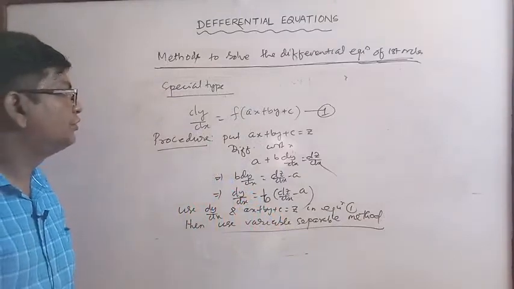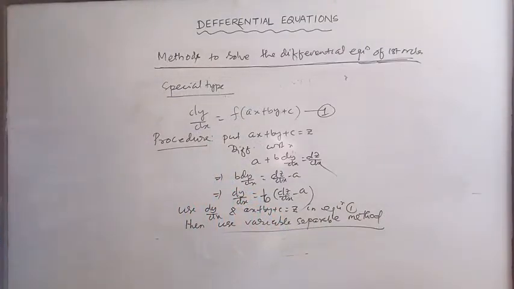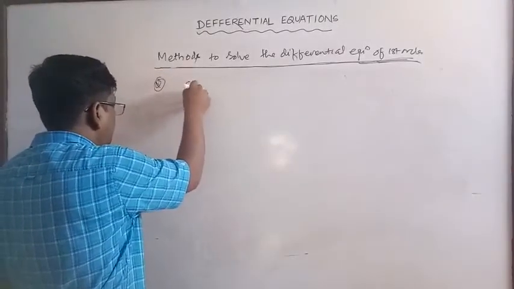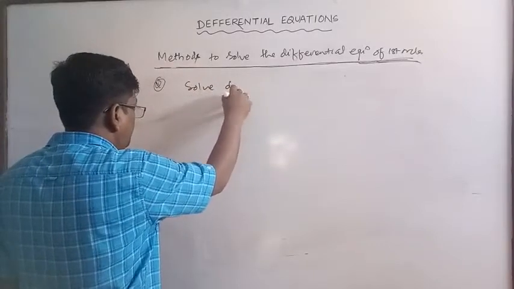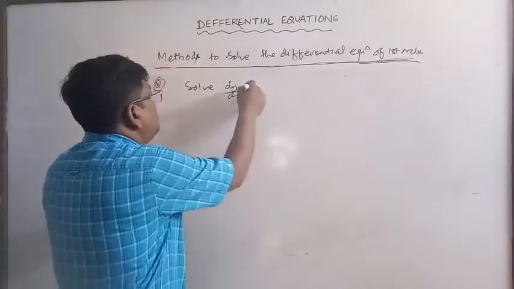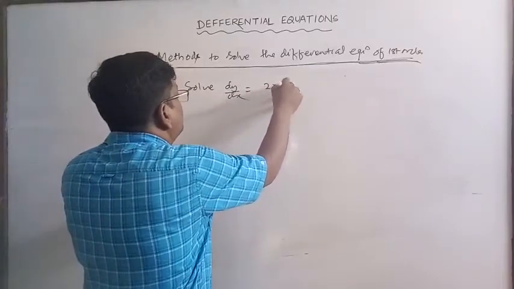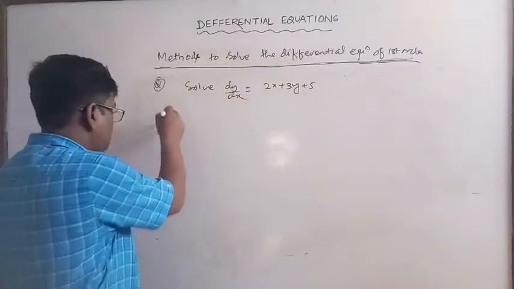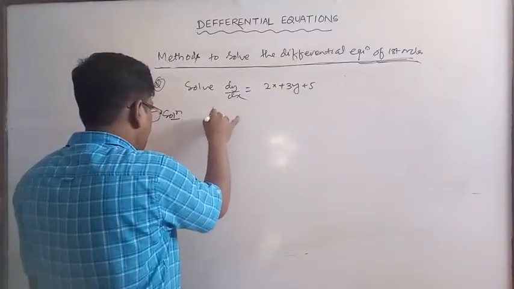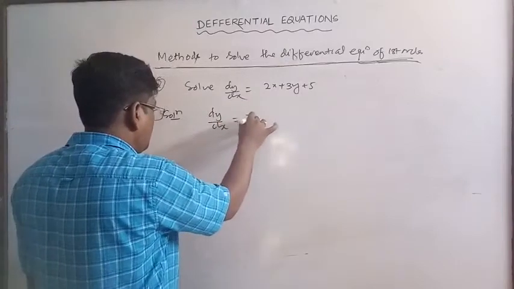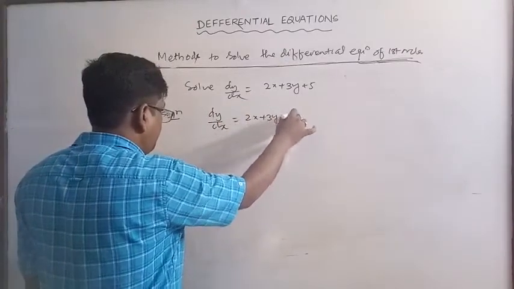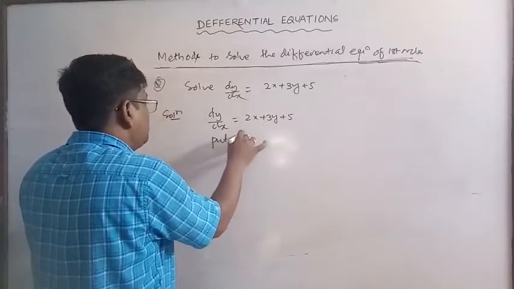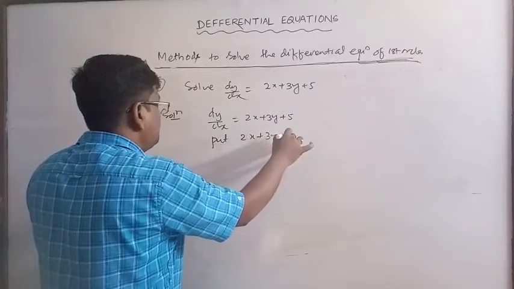Now some questions related to this type. Solve dy/dx = 2x + 3y + 5. Simple question. Solution: dy/dx = 2x + 3y + 5. Put 2x + 3y + 5 = z.